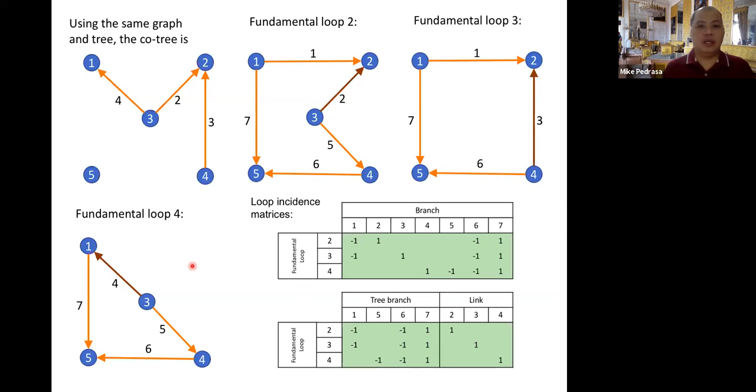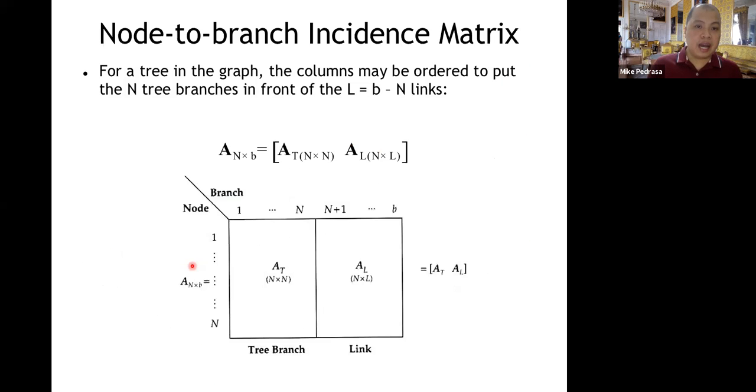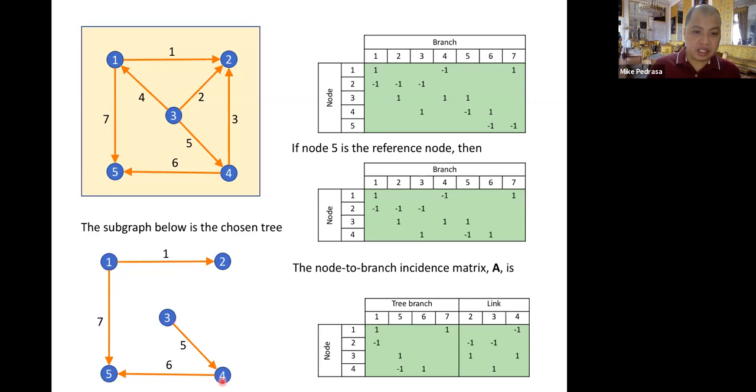Like this one. We are still using the same graph, and for that graph we have chosen this as the tree. Since that is the tree, ano yung co-tree natin? Yung branch 4, branch 2, and branch 3.